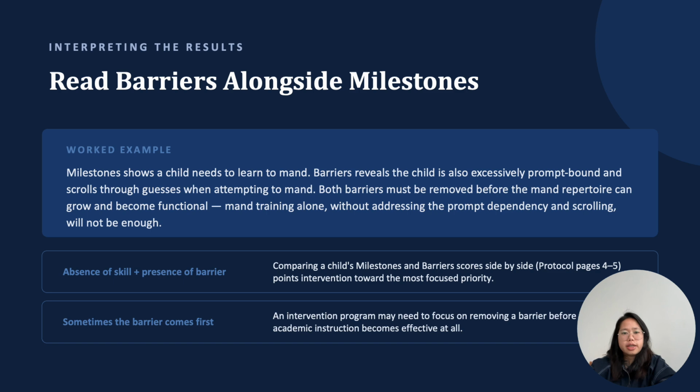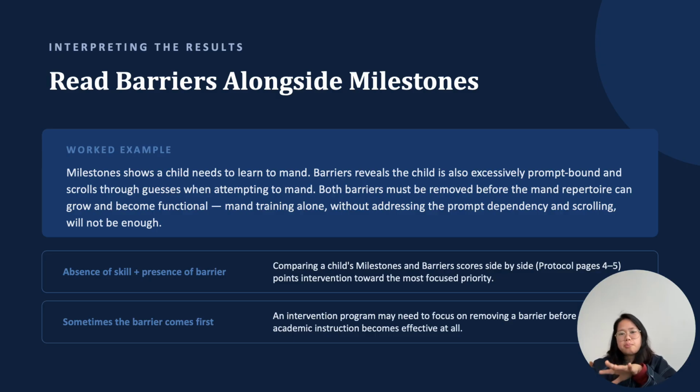And more generally, comparing a child's milestone and barrier scores side by side, which the protocol makes literally possible by placing those 2 summary forms on pages 4 and 5, points an intervention program towards its most focused priority.